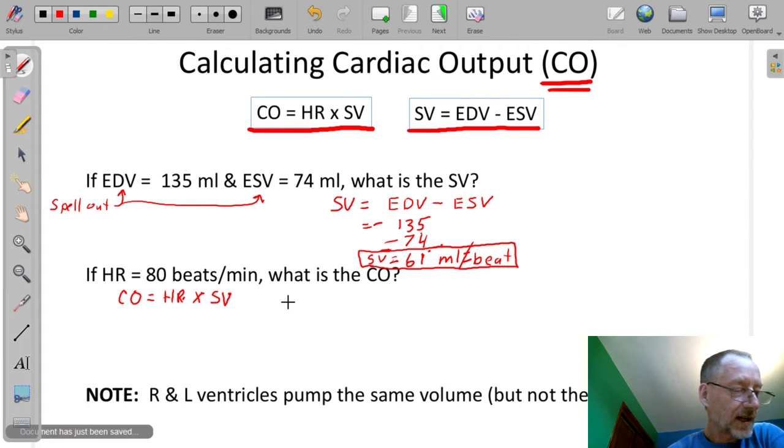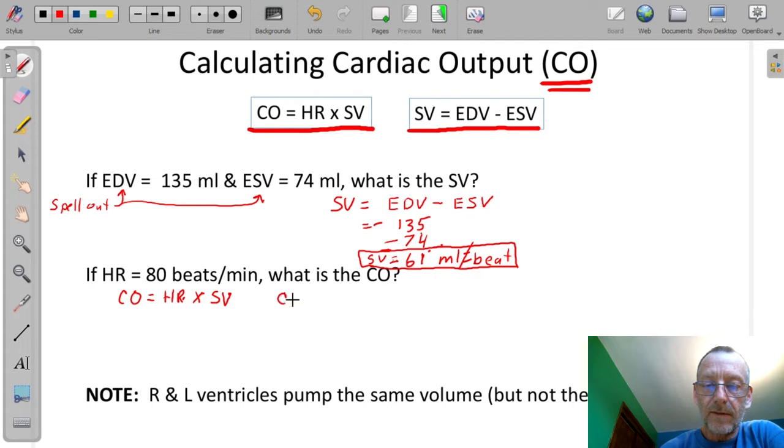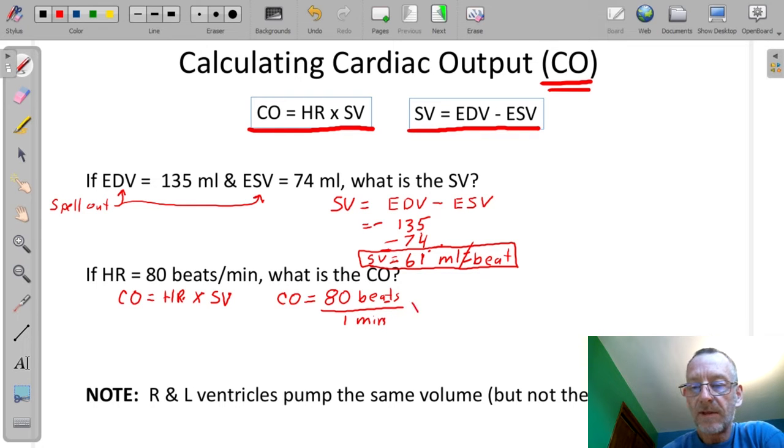So let's do this again, cardiac output now equals 80 beats per minute. So we'll write it in this form, 80 beats per 1 minute, times the stroke volume, which was, we'll use the figure above, 61 mils per every beat.